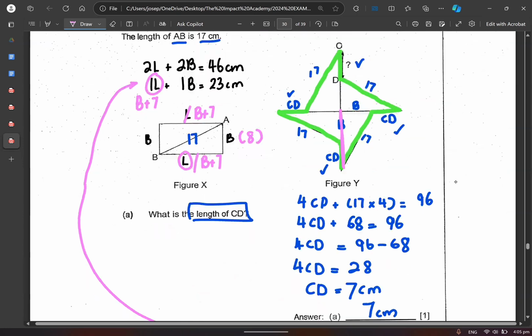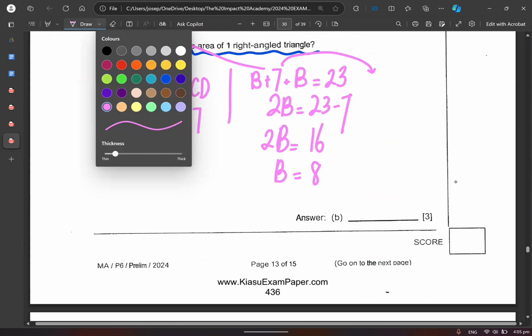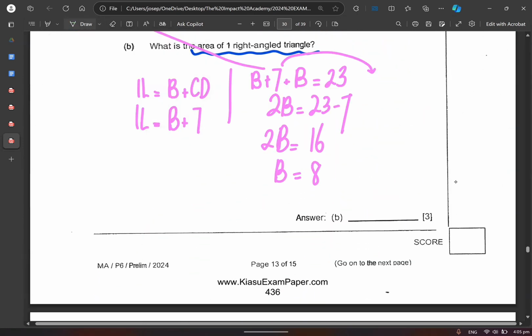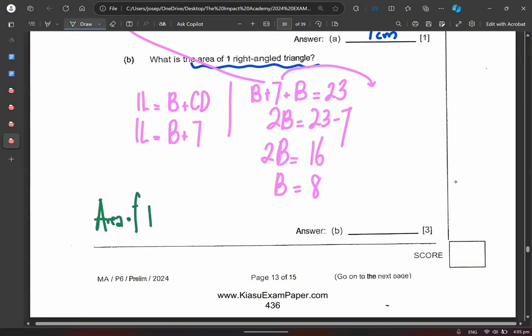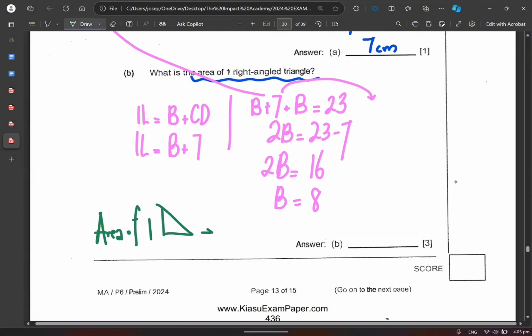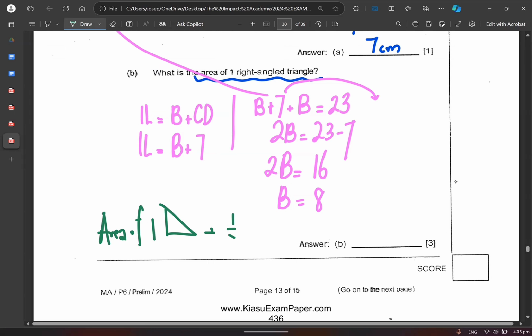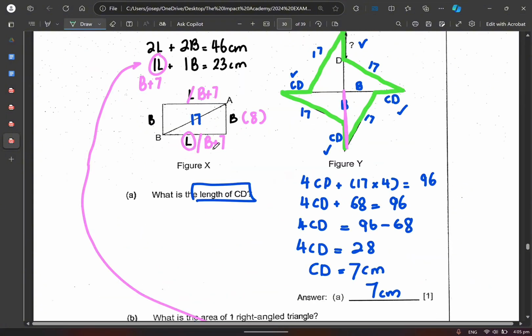So can I find the area of the triangle? Very simple, right? I think by now most of you should know to find the area of one right angle triangle, I just have to do half times base times height. Okay, so what is my base? Let's see for ourselves. Our base is actually what? B plus 7, right?